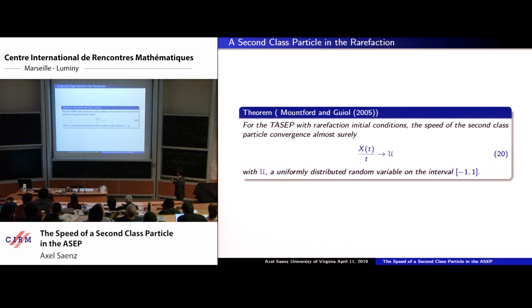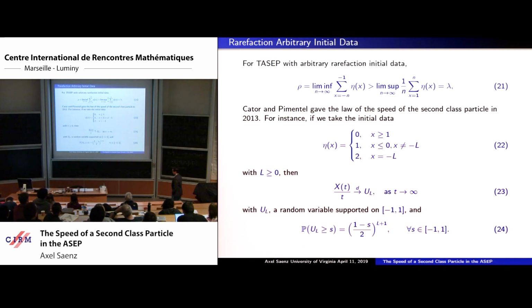And there are further generalizations of these ideas where you can set up arbitrary rarefaction initial data, where you look at scenarios where it's not just two independent Bernoullis, but rather you just want the density on the left side to be greater than the density on the right side.